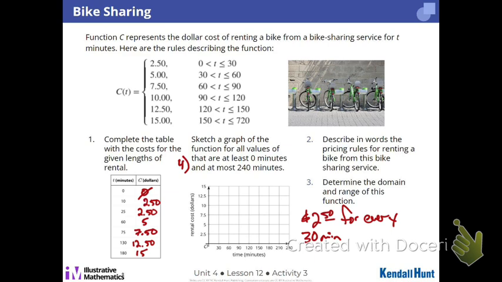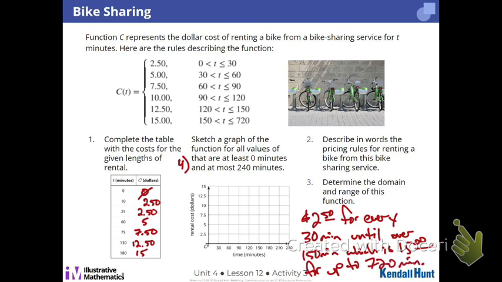Until when? Until over 150 minutes. Once I get over 150 minutes, all the way up to 720, which is $15 for up to 720 minutes.